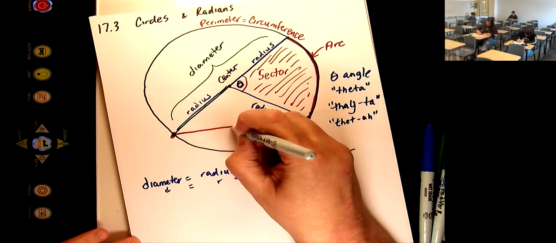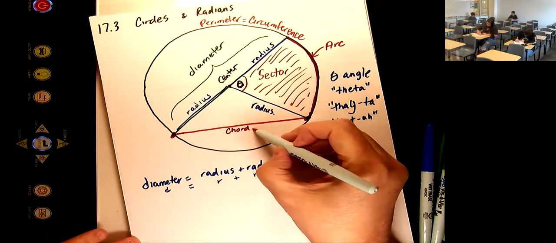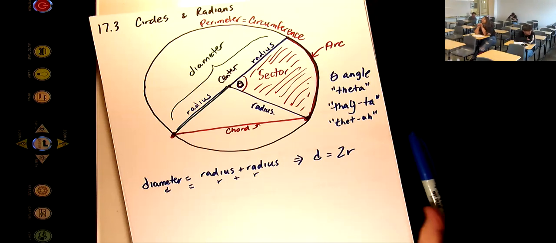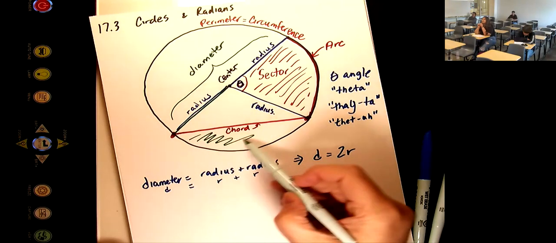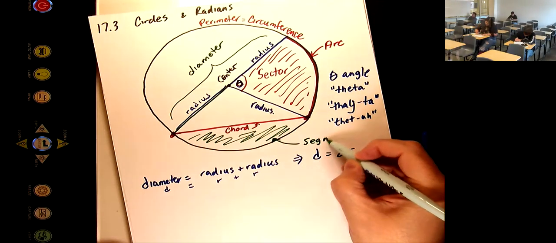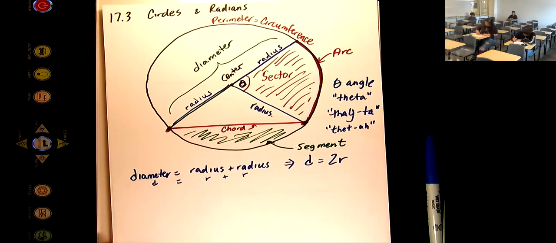This thing right here is called a chord. And if you have a chord on a circle and you chop off the extra part right here, this extra part is called a segment. That's all the vocabulary we're going to have here, other than pi. We got one more term.